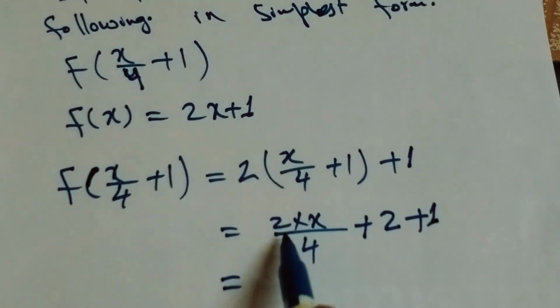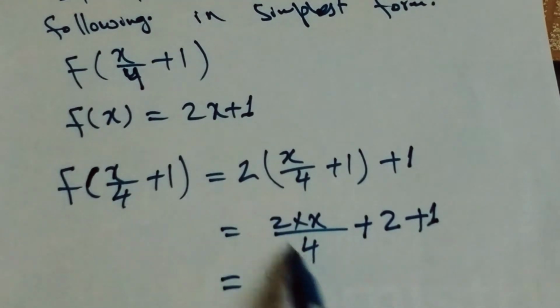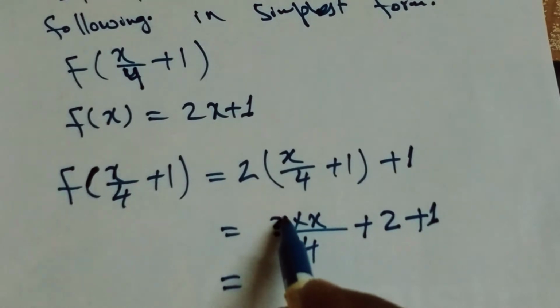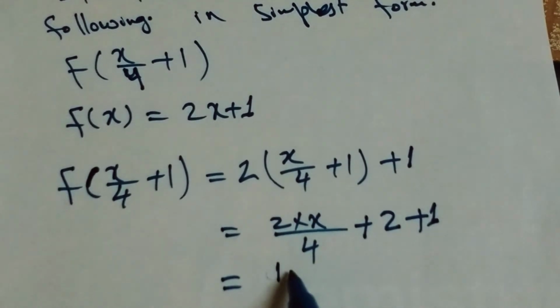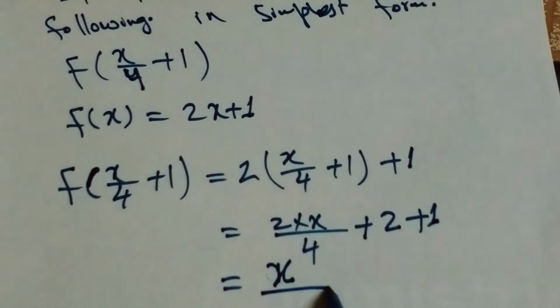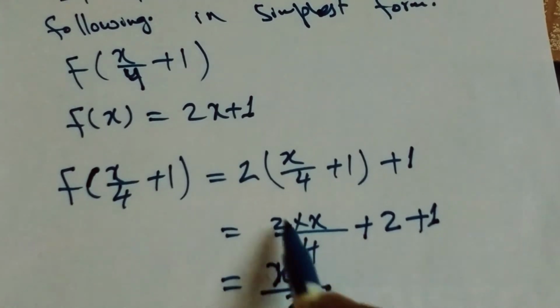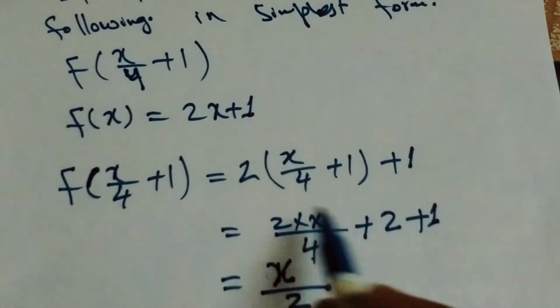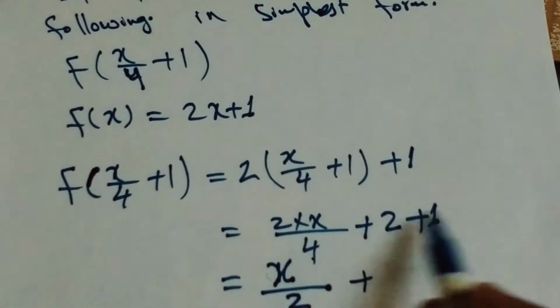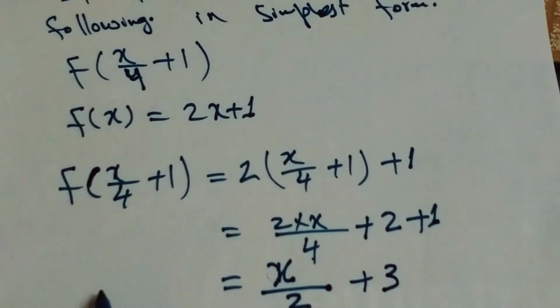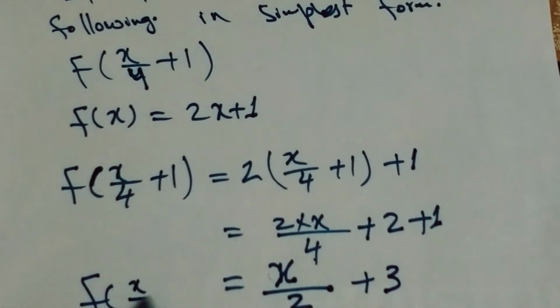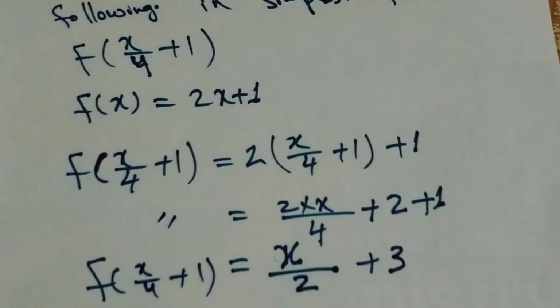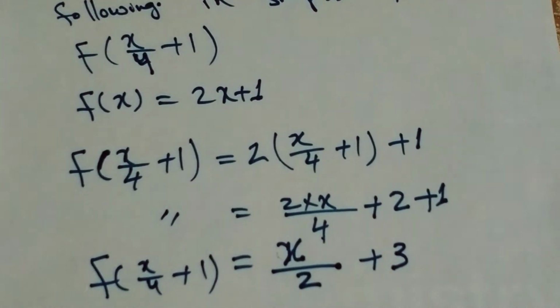So 2 we have up, so we can divide, both are divisible. 2 divide 2 is 1, so 1 multiply x divided by 4 divided by 2, 2 and 4 both are divisible by 2, so I divided by 2, plus 2 plus 1 equal 3. This is the simplest form of f of x over 4 plus 1. Understand, my dear? This is a simple function.